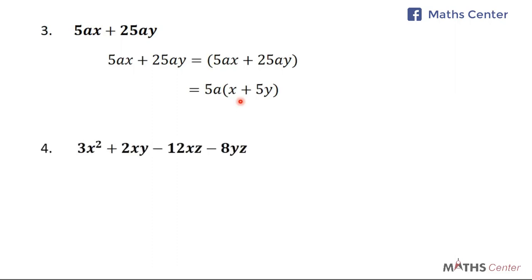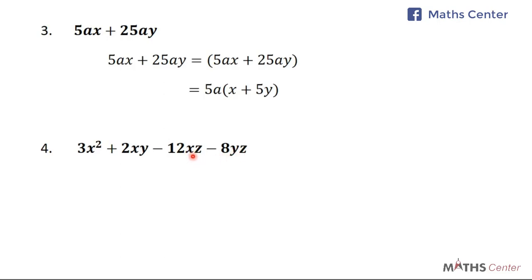This time we have 4 terms here. Now whenever you have more than 2 terms, group 2 terms that have something in common. So if you take this term here, 3x squared and 2xy, we can see that they have x in common, so you can group them. You move on to the next one, minus 12xz minus 8yz.